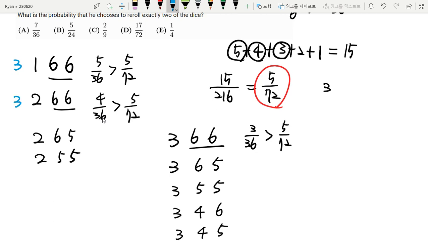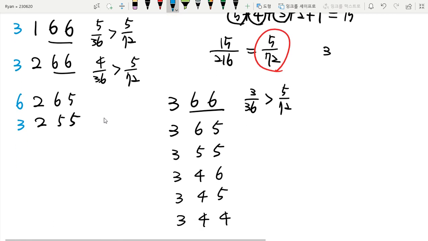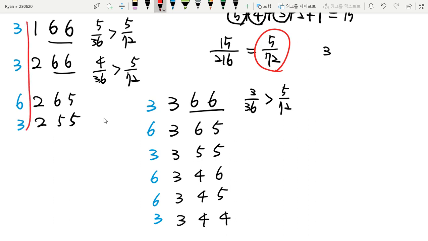And when all the numbers are different, the number of arrangements is 6. And then we need to find the sum of these numbers. The sum of these 4 numbers is 15.